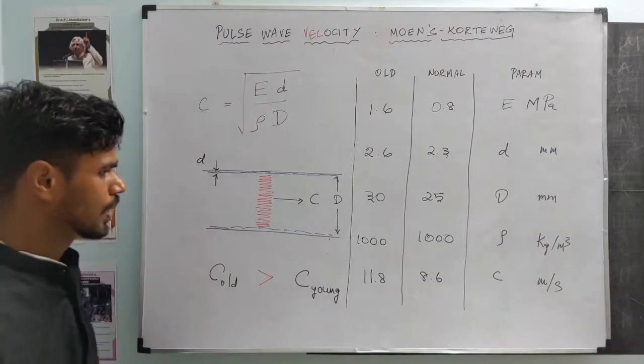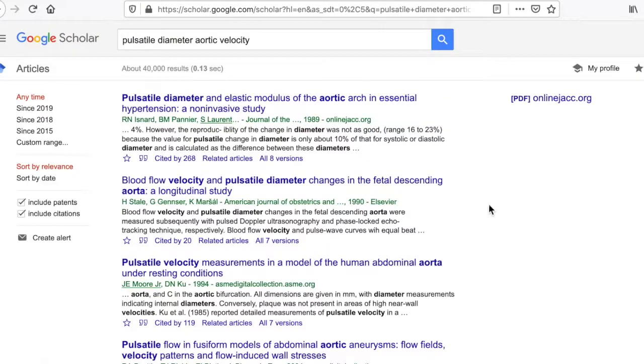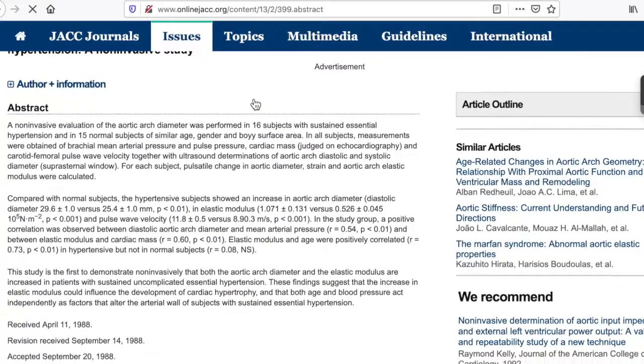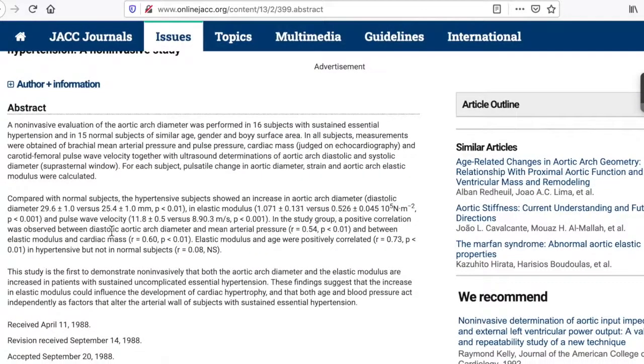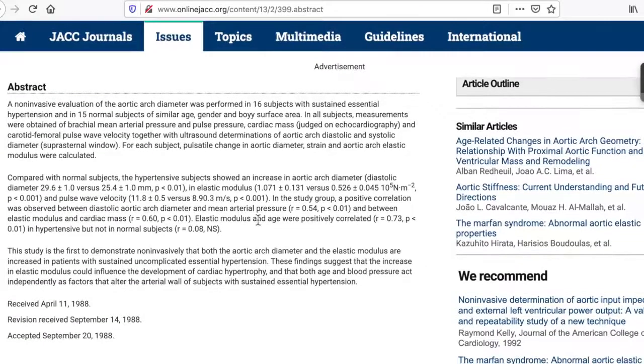Now let's verify if these numbers actually make sense by comparing with the available data from literature. Here are two values from one of the papers that I read.